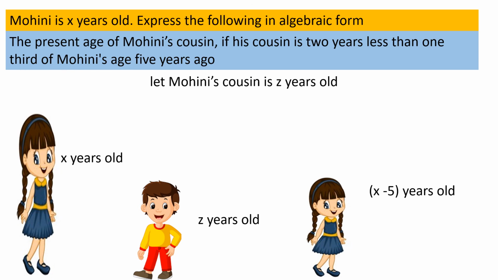Then we need to find out, if his cousin is 2 years less than 1/3 of Mohini's age 5 years ago, it means z equals 1/3 of x minus 5. 2 years less means minus 2. So it is the relation between Mohini's age and Mohini's cousin's age. Here are two variables, z and x.